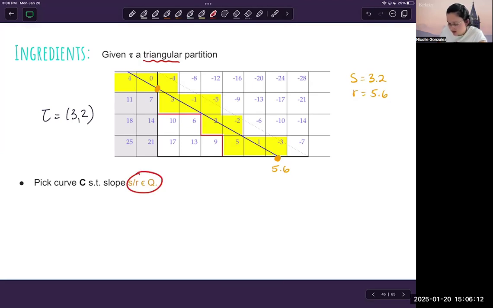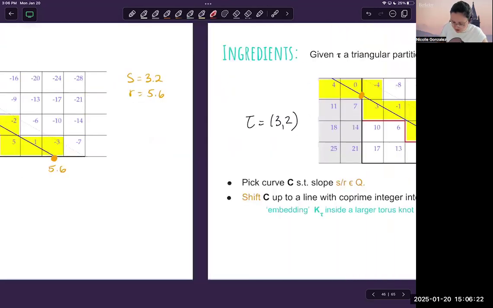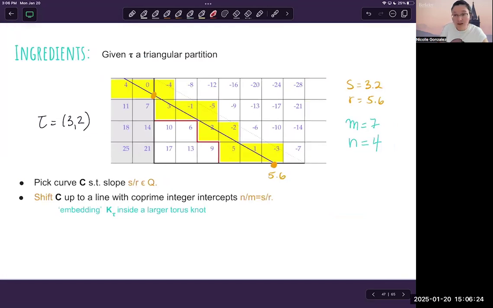Here, let's say I chose my intercepts to be 3.2 and 5.6. That's a choice. You could have chosen many things. Then our next step is to take this solid line and shift it up until you have intercepts that are no longer rational or real valued, but integral.